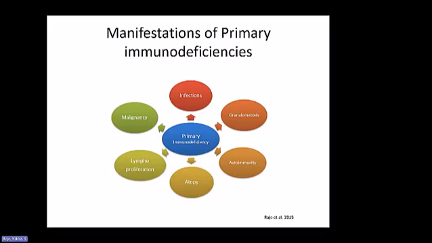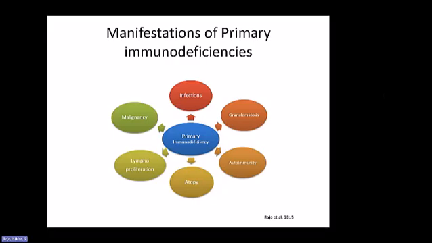So thinking about the manifestations, we typically focus on infections, which is our main patient population that we see. Patients with a lot of different types of infections and lots of frequent infections, but also patients can present with malignancies or granulomas, autoimmunity, lymphoproliferation, or atopy.